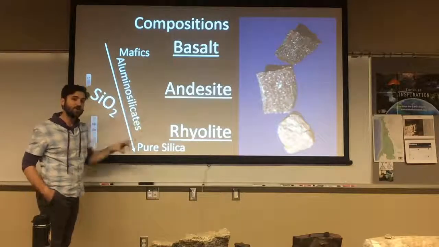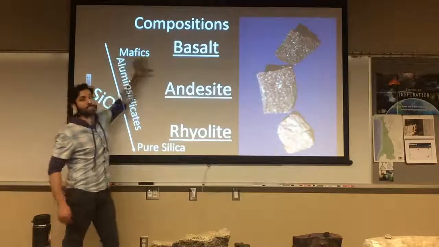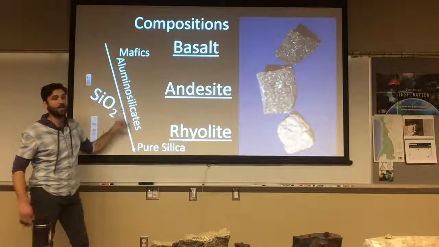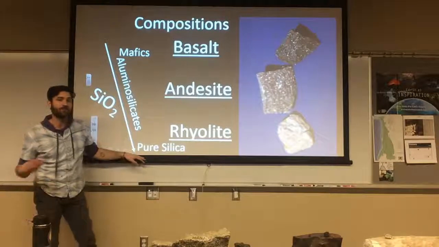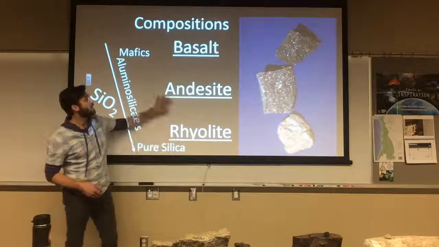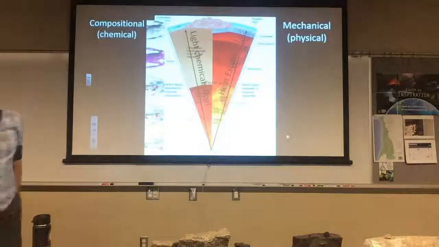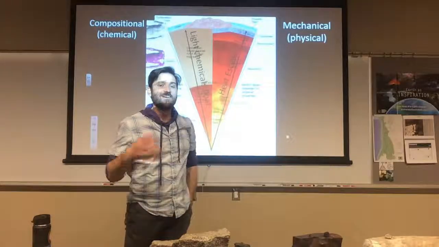Remember the mineral bins that we did during the first week, where we have the mafics like olivine and pyroxene, the aluminosilicates like the feldspars, and then the more pure silica stuff down here like the quartz. So we expect to see quartz in the rhyolitic rocks and olivines in the basaltic rocks. Okay, alright, we made it back to this diagram.